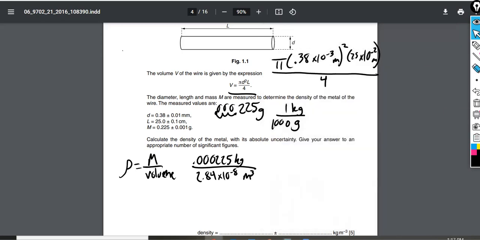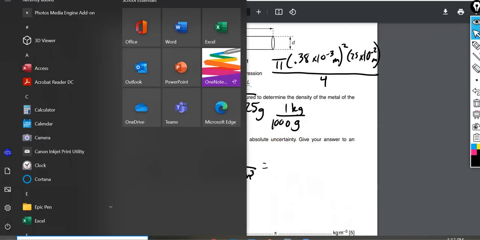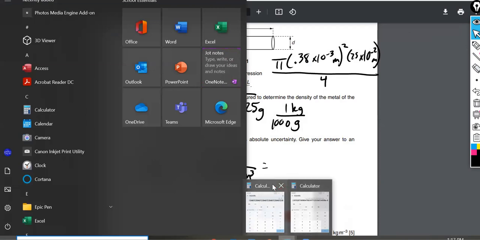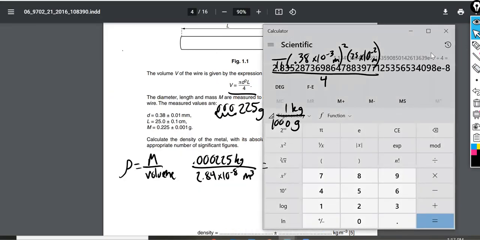All right, and so we've got our calculation down here for density, the mass divided by the volume in the preferred units. So we've got 0.000225 divided by, open parentheses here, 2.84 times 10 raised to the negative 8.